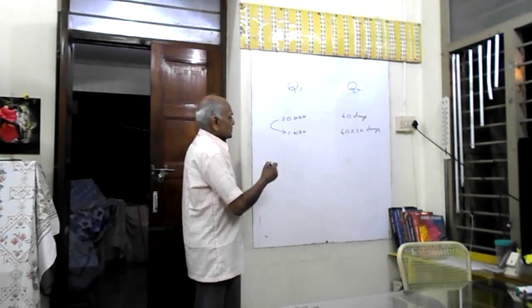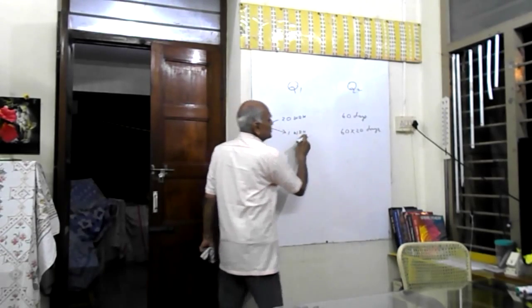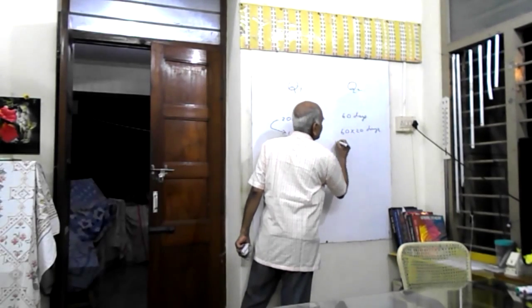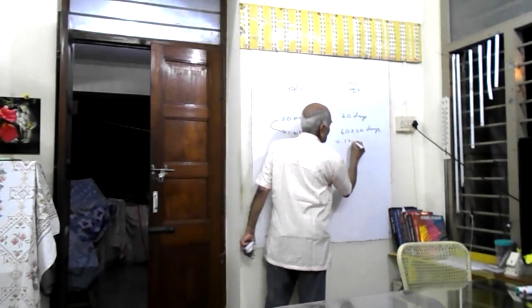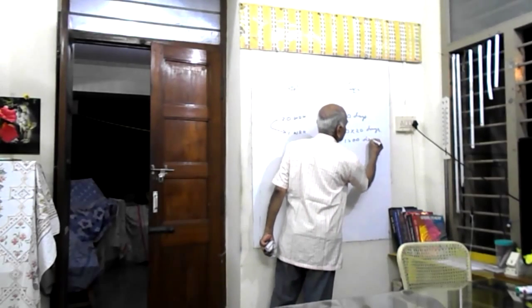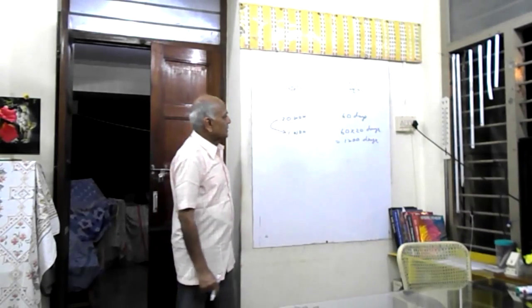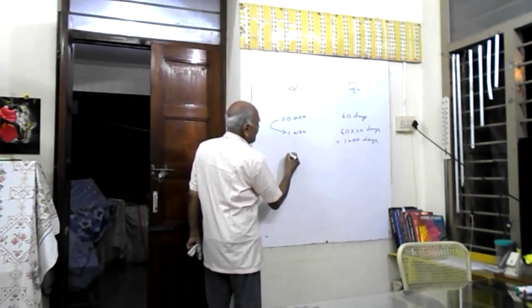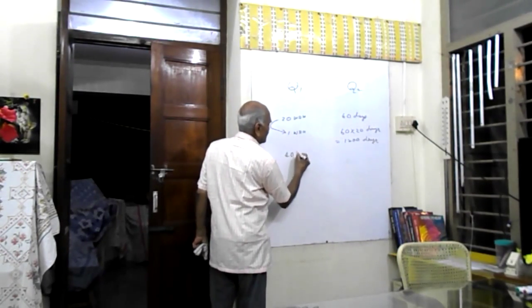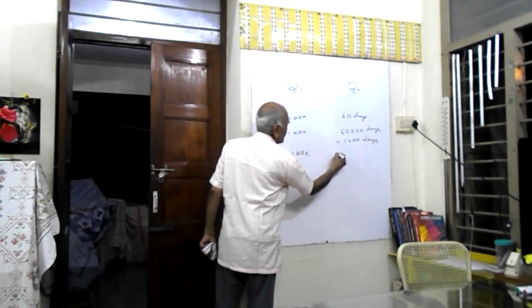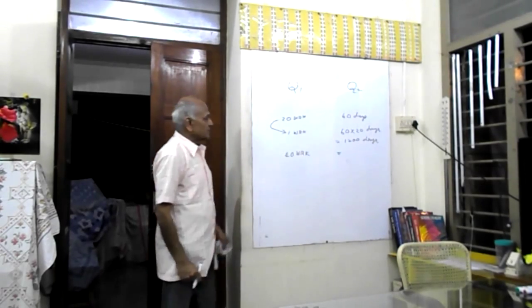Now go to the next picture. If one worker can finish the job in 1200 days, then 40 workers will finish in how many days?